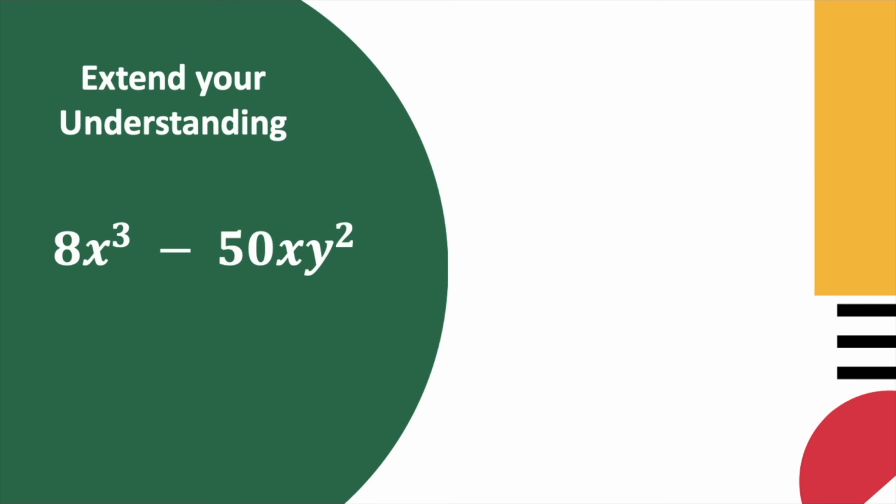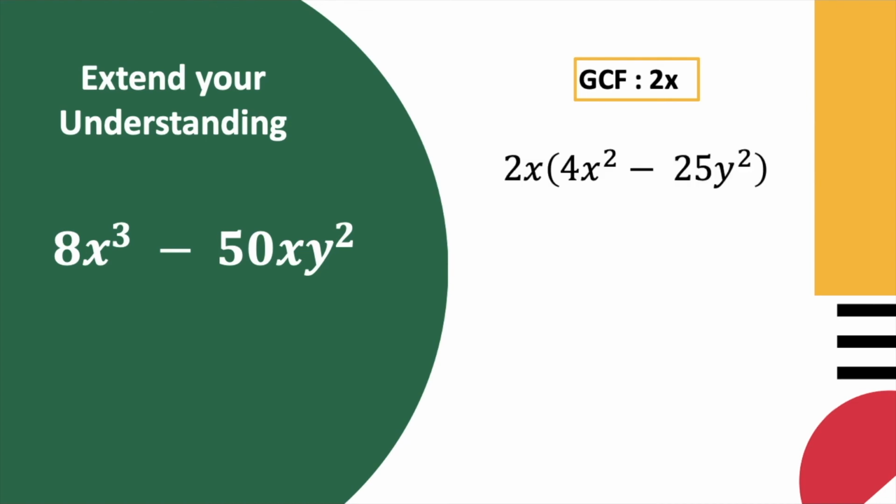But if we observe it closely, we would say that there is a greatest common factor of 2x. Taking it out will give us 4x squared minus 25y squared as another factor. And this one is already a difference of two squares.